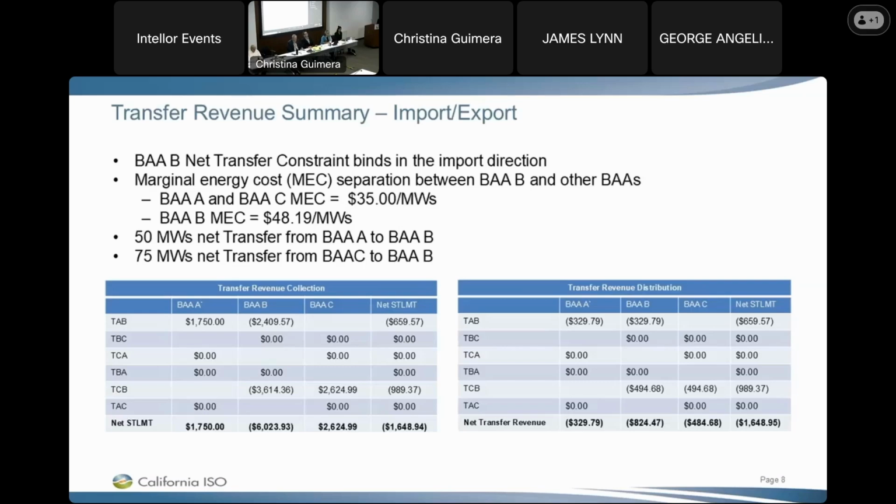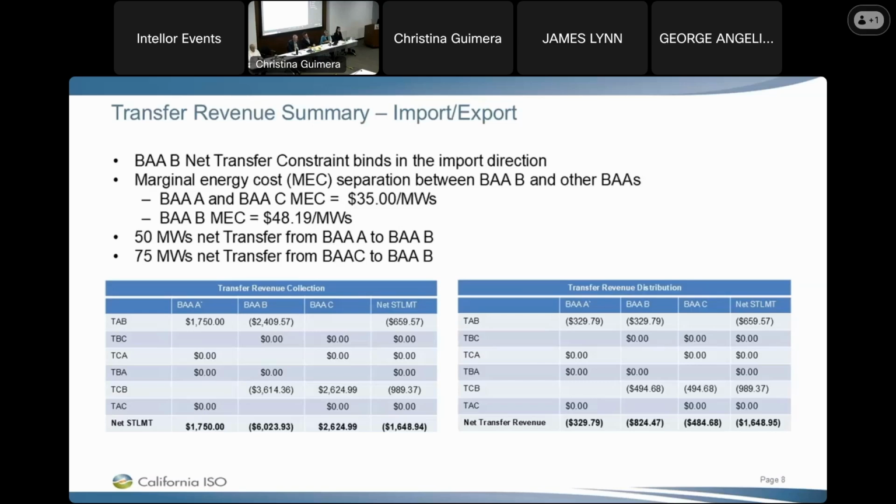So in this table to the left, I'm calculating what the LMP settlement is in this case and determining what the transfer revenue is for each of these transfers. You've got transfer from A to B. I had a charge for the export of $1,750.